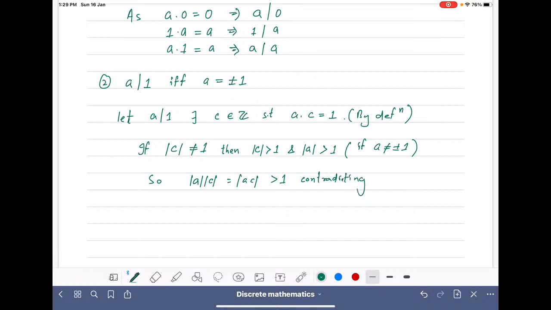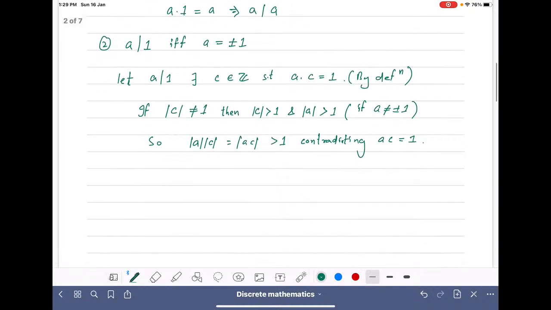It is a contradiction to the fact that a multiplied by c is 1. So our assumption that mod c is not equal to 1 is false. Therefore, mod c is equal to 1. That is c equal to plus or minus 1.